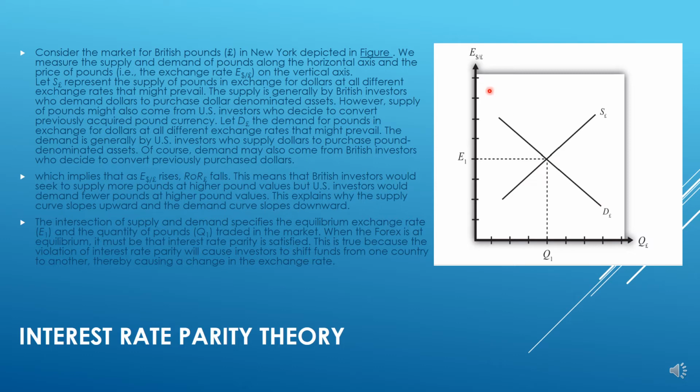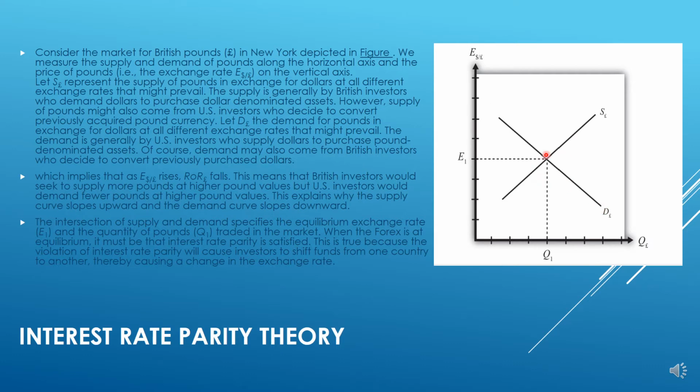So, as the exchange rate of dollar to pound rises, the return on the pound falls. This means that British investors would seek to supply more pounds at higher pound values, but US investors would demand fewer pounds at higher pound value. So this explains why the supply curve slopes upwards and the demand curve slopes downwards.